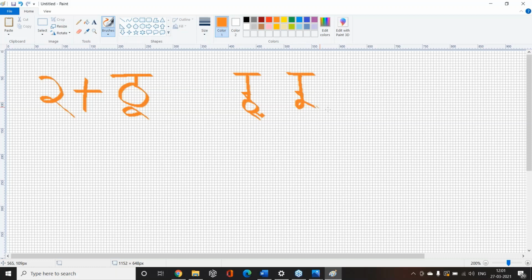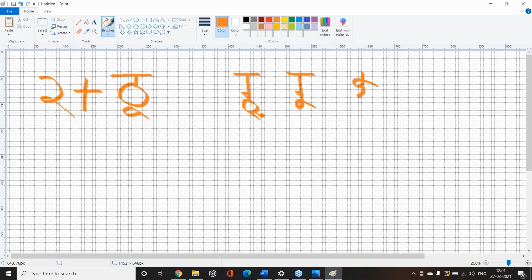But when we have these matras attached with it, it will always be written like this, because with this form we don't attach any matras, except when it is the other one; there we attach the matras. With that, you will attach the matras here, or this matra, or any other matra that comes below.